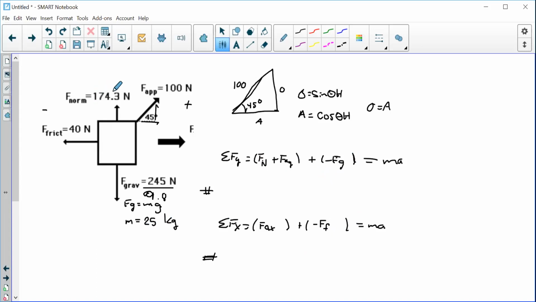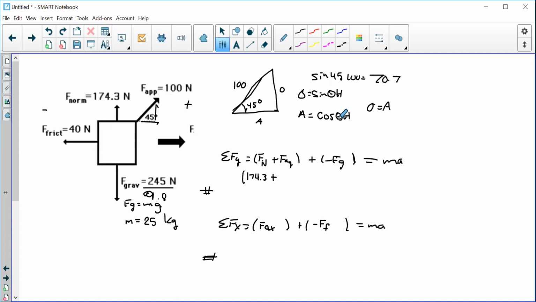So we've got 174.3 for normal force. We're going to add that to our Y component of the applied force. Hopefully you went through and calculated it: if you type in the sine of 45 times 100, that's going to be 70.7.